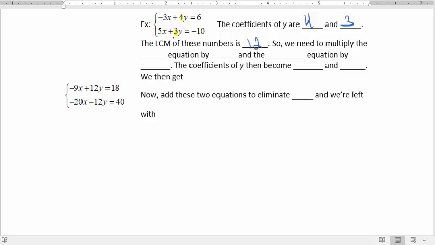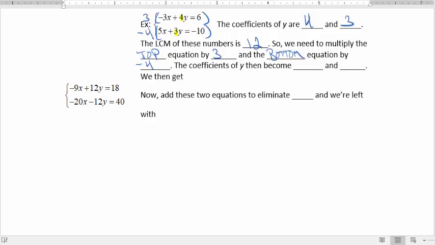So what we're going to do is multiply that top equation. We want to turn 4y into 12y, so we're going to multiply it by 3. And on the bottom equation, we're going to turn 3y into negative 12y, so we're going to multiply that bottom equation. So 3 times what will give me negative 12? Negative 4.